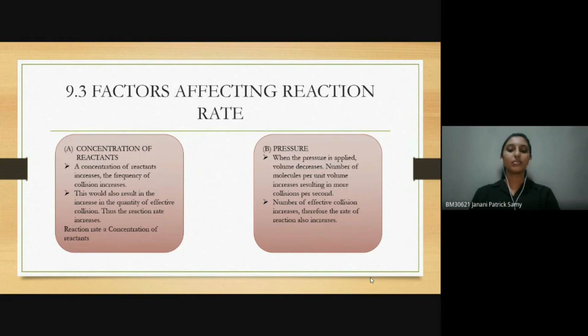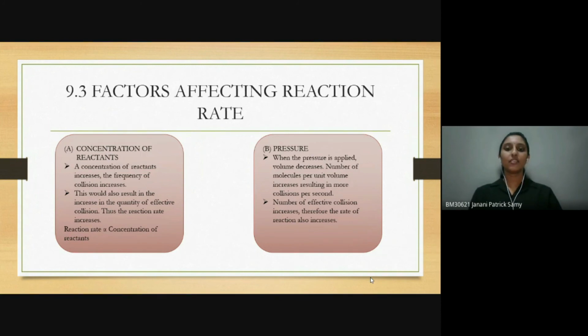Thus the reaction rate increases. So the reaction rate is directly proportional to the concentration of the reactant. It depends on its rate order.